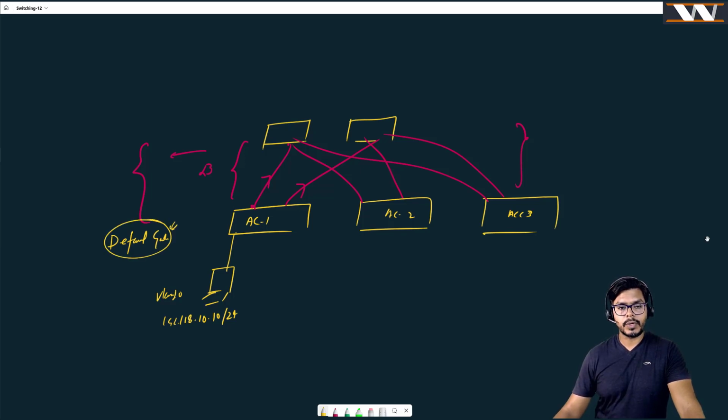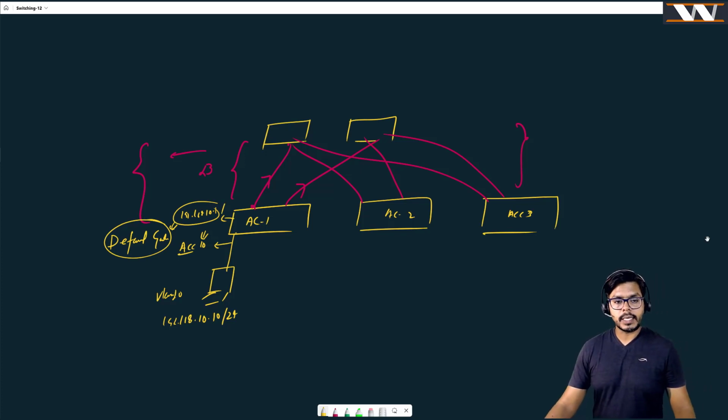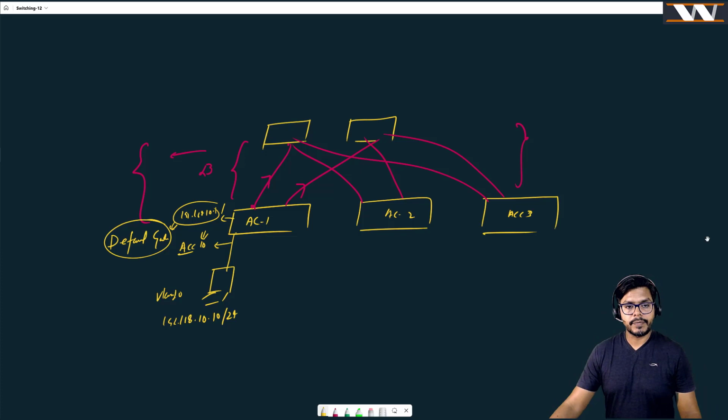I believe you are making this port an access port, access port 10. I have to configure the default gateway right here, which is going to be 192.168.10.1. If that is the case, then of course my default gateway is right here in this SVI.